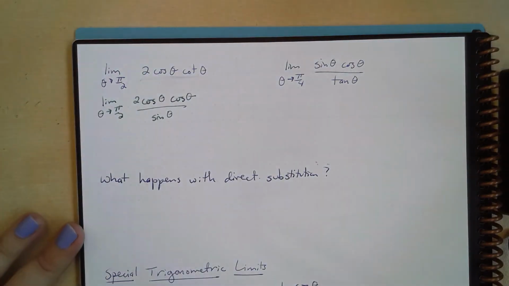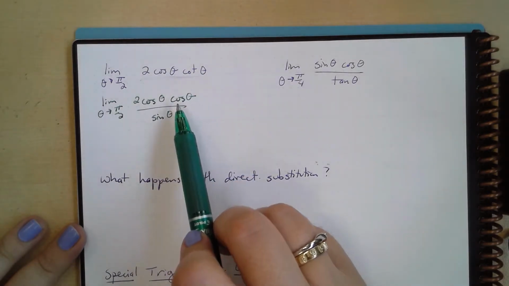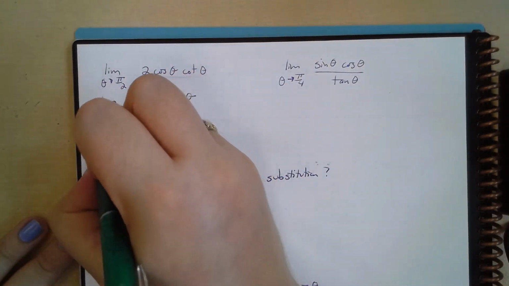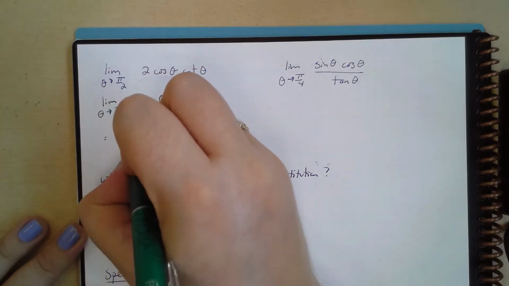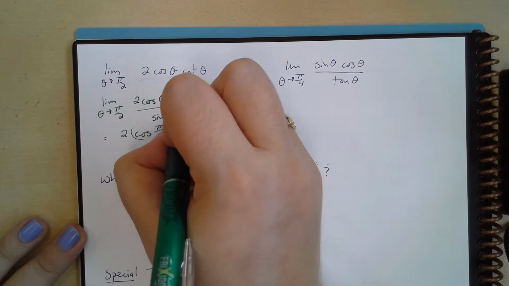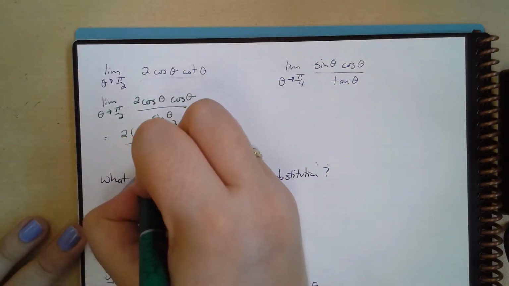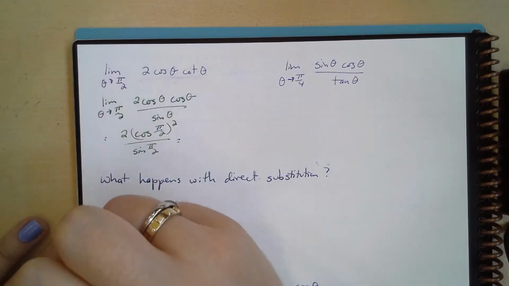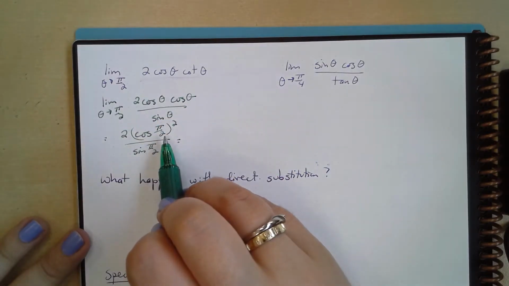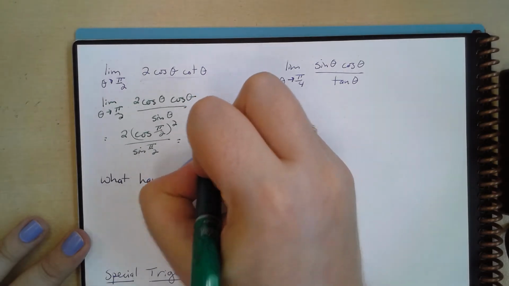I can use my trigonometric identities, which you're familiar with already, to just rewrite cotangent as cosine over sine. So now this is equal to 2 times the cosine of pi over 2, quantity squared, right? I've got cosine and cosine there, all over the sine of pi over 2. So cosine of pi over 2 is just 0, right? So we've got 0 over 1, that's just going to be 0.